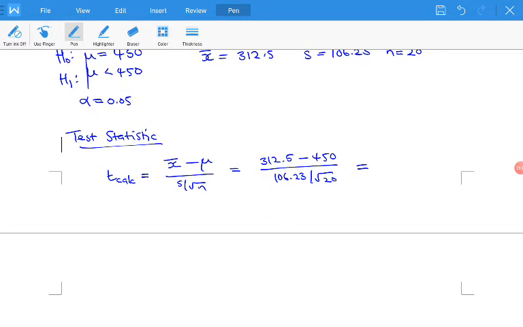So on this one, our critical value, we need to first find the degrees of freedom, which is equal to n minus 1, which is equal to 20 minus 1. This gives us 19.